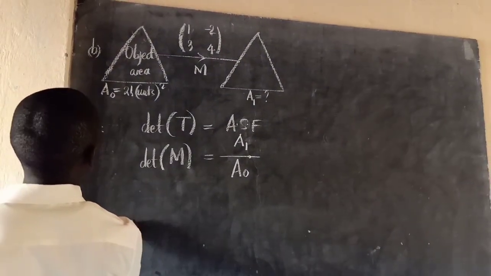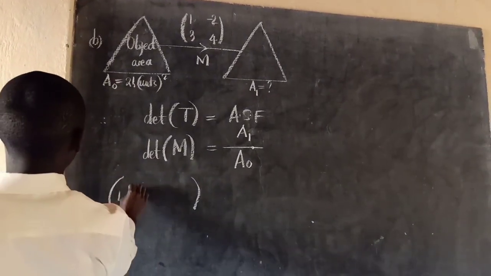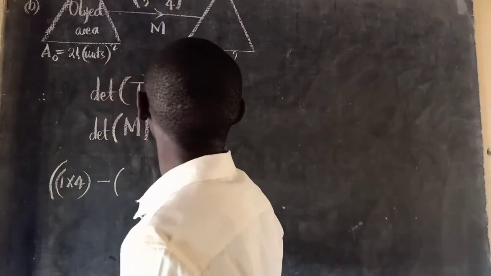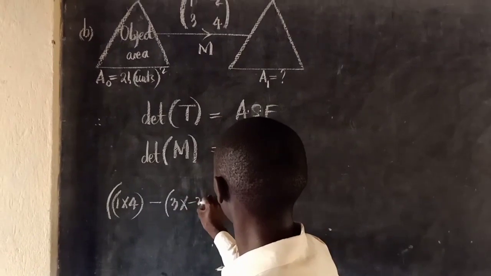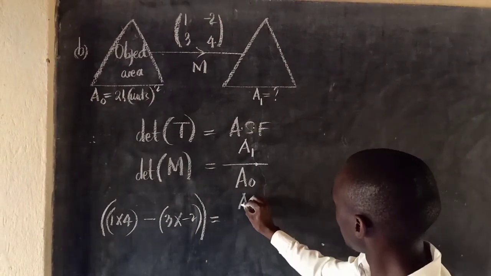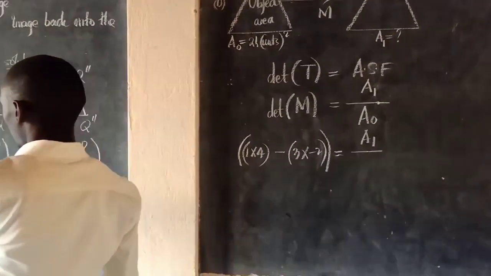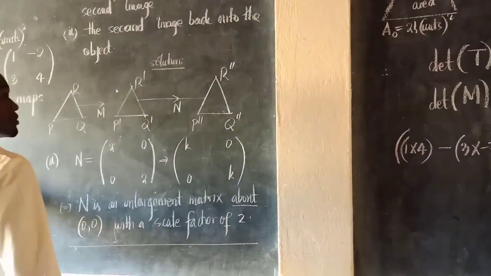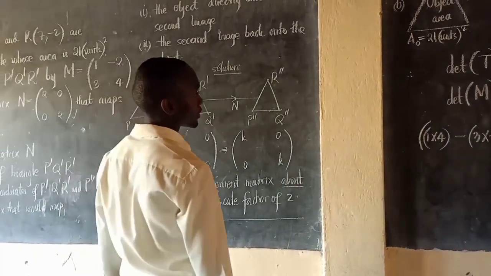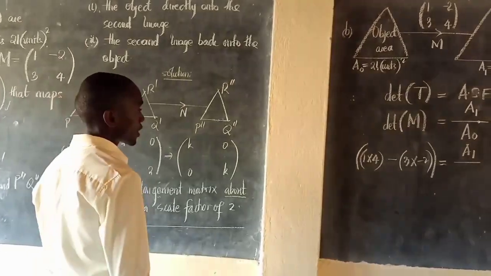So its determinant becomes the product of the leading diagonal, 1 times 4, minus the product of the minor diagonal, 3 times negative 2, which is equal to the area of the image over the area of the object. The question wants the area of triangle P prime, Q prime, R prime, which in my demonstration today I'm representing as A1.